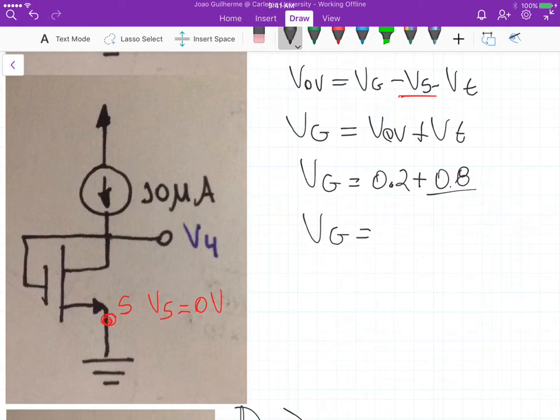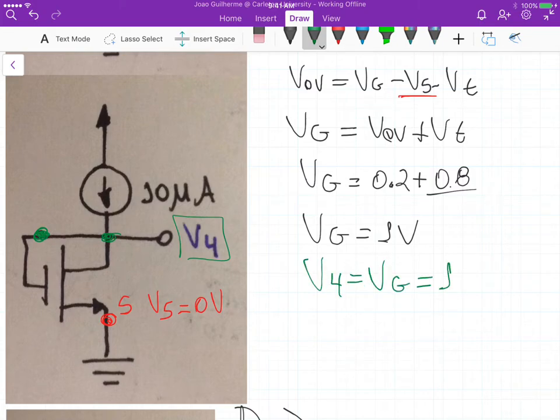So Vg is equal to 1 volt. Now, because Vg here, let me draw with another color. So Vg here is the same as Vd, that's the same as V4, right? Because it's the same node. We know that V4 is equal to Vg, in this case 1 volt.